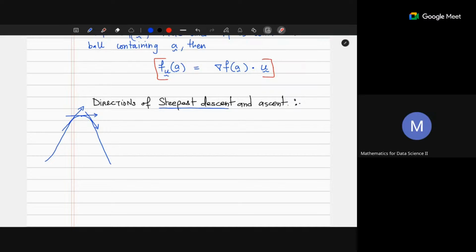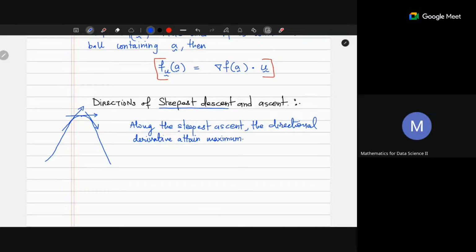How do we say these things in terms of the directional derivative? The direction where your directional derivative achieves the maximum is called the ascent. So along the steepest ascent, the directional derivative attains maximum.